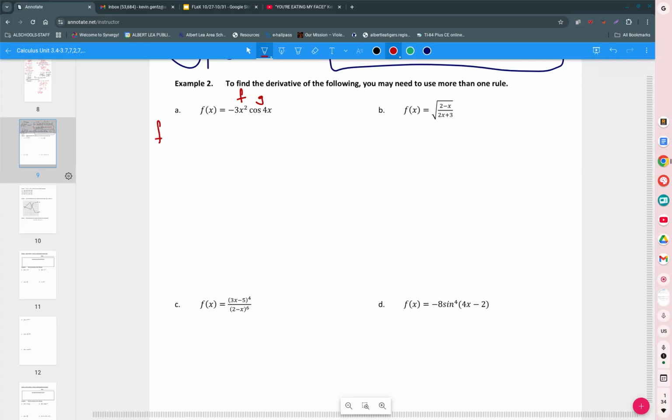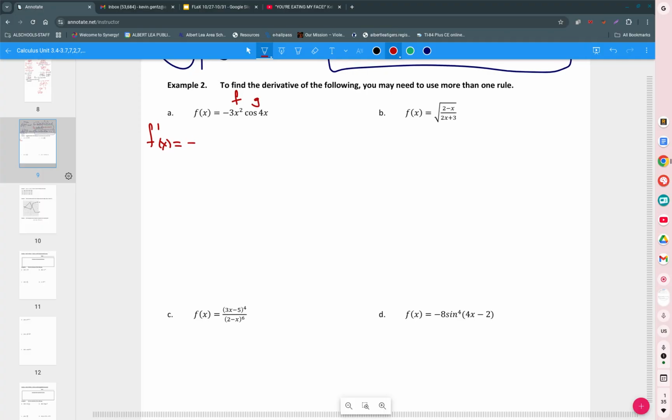So I have f prime of x is equal to, and the derivative of f is? Negative 6x times the cosine of 4x, plus, here's where I like to just write f, minus 3x squared, times the derivative of cosine of 4x.